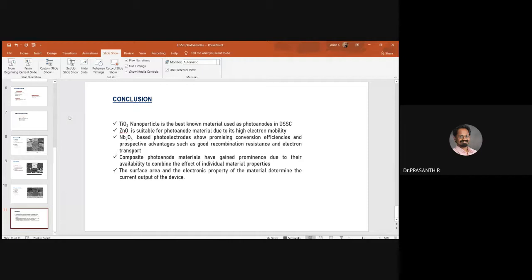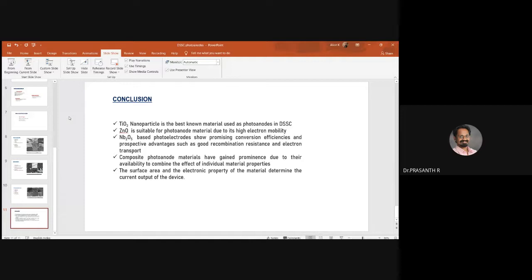In the concluding section, it has demonstrated the progress in research works, which has led to the fabrication of higher efficiency devices using cheaper alternative materials. Till date, TiO2 nanoparticle is the best known material used as photoanode.